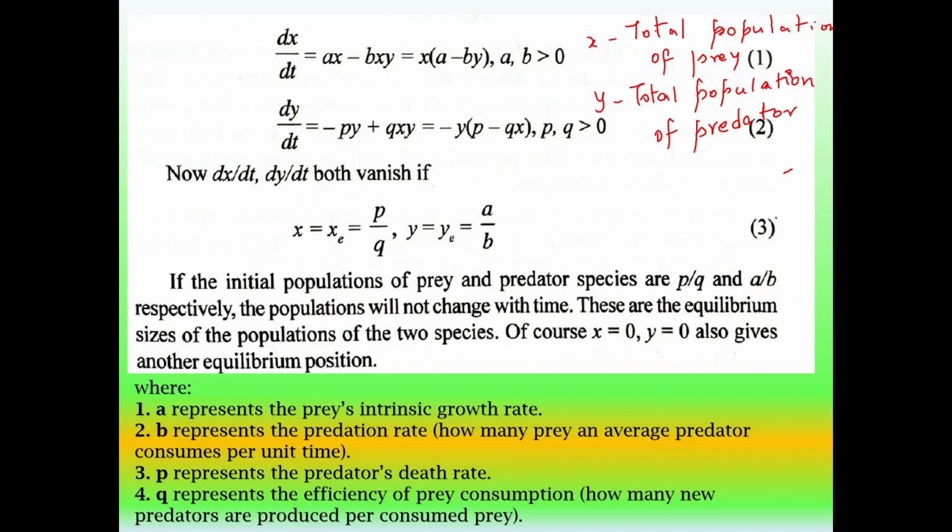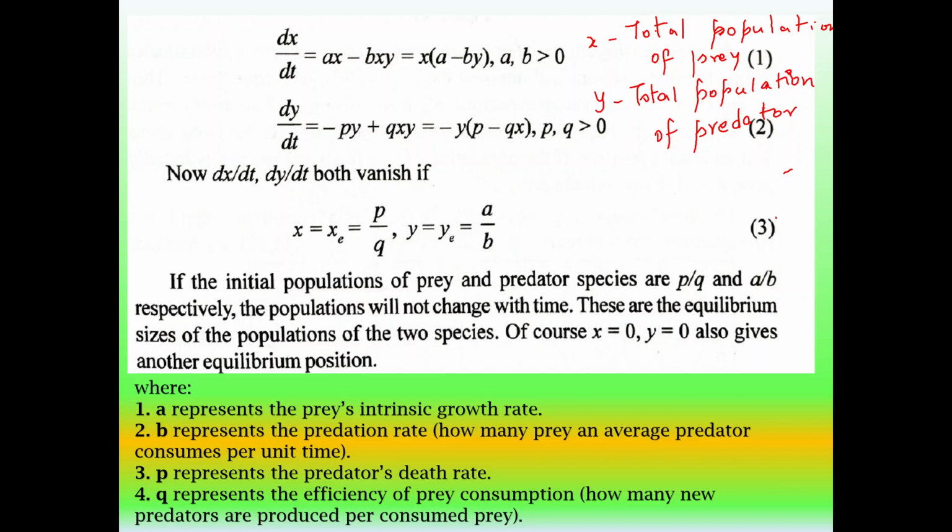Of course, here x represents the total population of the prey, y represents the total population of the predator. Now we are going to calculate the population rate of the prey with respect to time, that is marked by dx by dt. At the same time, we are going to calculate the population rate of the predator with respect to time.